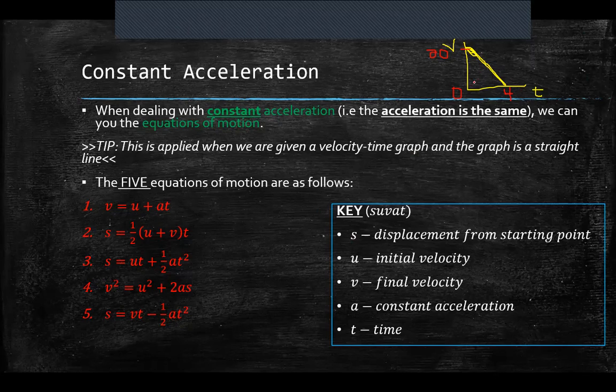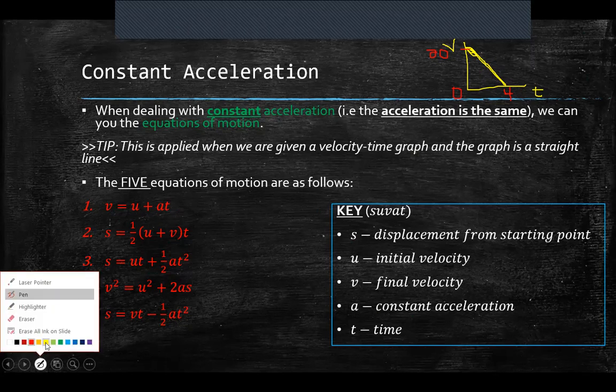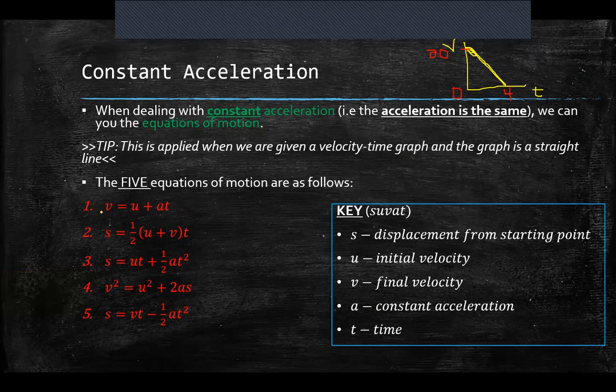I could then substitute these values into my equation of motion to find A. Why am I able to do that? Because acceleration is constant. So v, my final velocity, is 0, because it starts at this point and ends down here, and my velocity is 0. U is the initial velocity, the velocity I start with, that's 20.